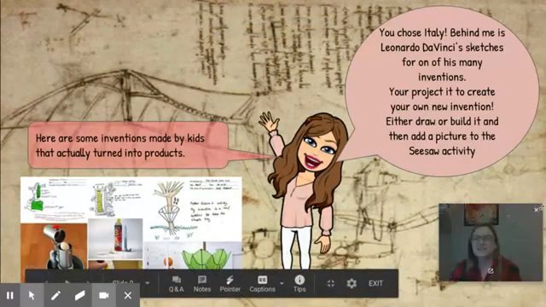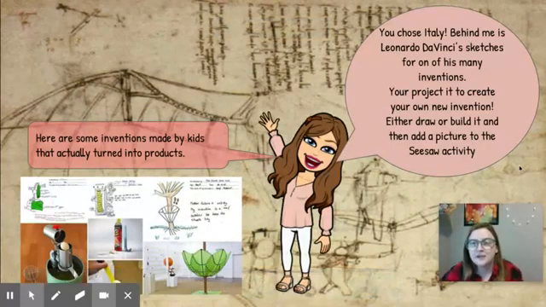So my Bitmoji is saying, you chose Italy. Behind me is Leonardo da Vinci's sketches for one of his many inventions. Your project is to create your own new invention. Either draw or build it, and then add a picture to the Seesaw activity.